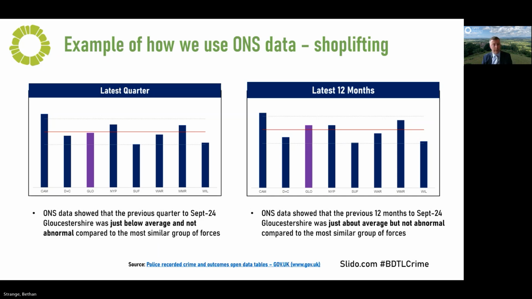But because we were able to compare not only with forces in our most similar group, but over a period of time as well, we can see on the right-hand side for the latest 12 months that we are still above. So that is definitely something that we'd want to be looking at. So it's average, but not abnormal. But I would still consider that to be something that we want to be digging into a little bit more. So we go to the next slide, Beth.